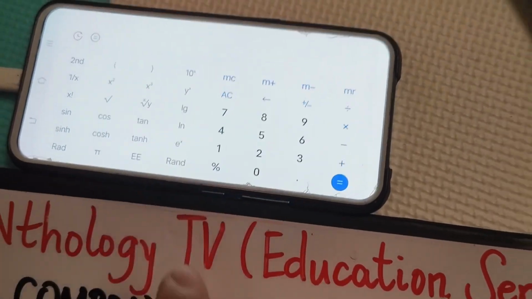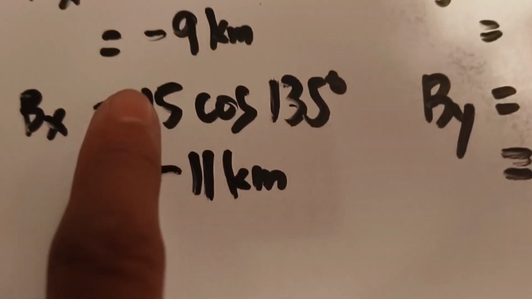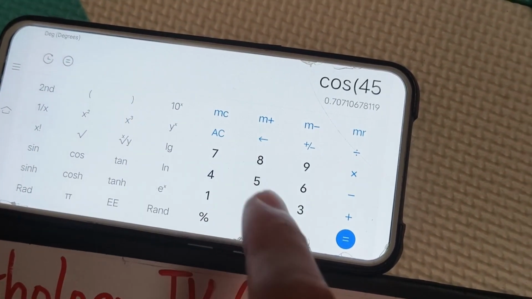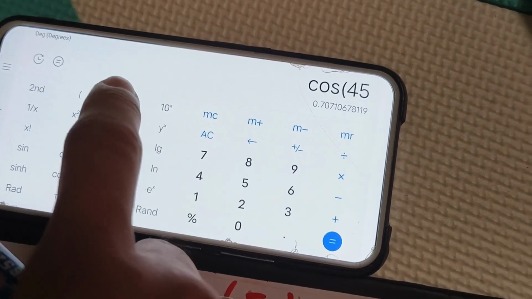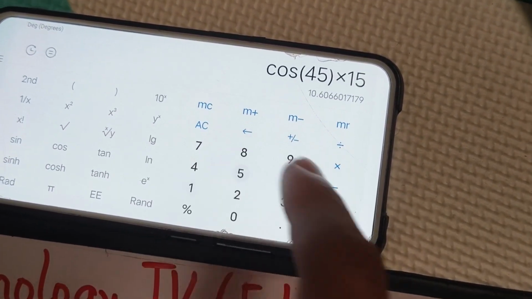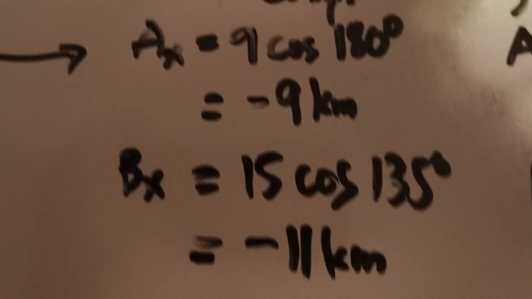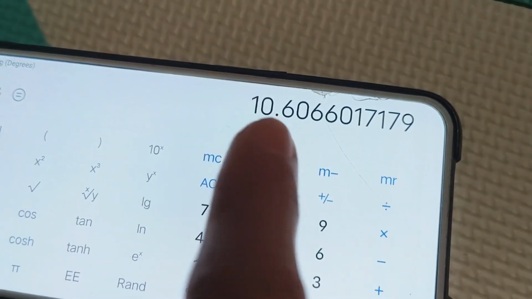Samantalang, kapag ang ginamit mo ay 45 lang, 15 cosine 45, pwede naman. Cosine 45 times 15. Ang lalabas ay ganun pa din, 10.6 or 11. Kaya lang, walang lumabas na negative sign.